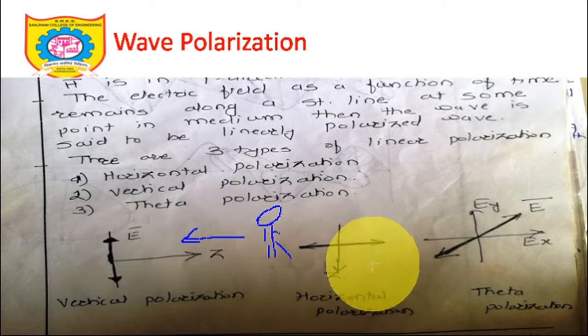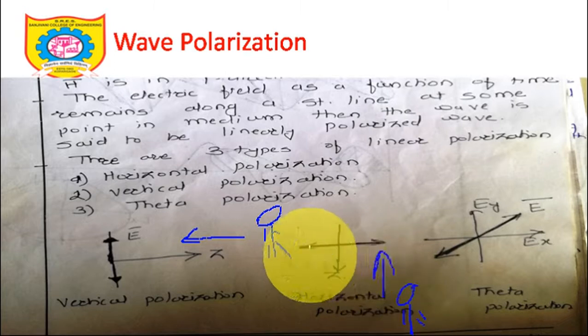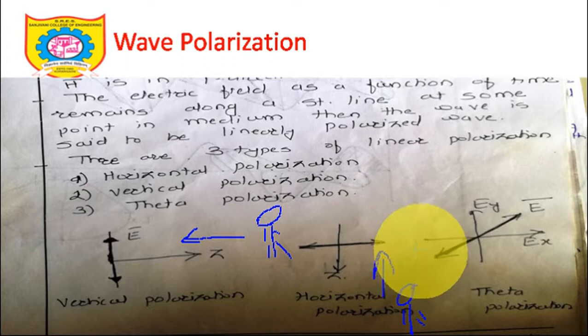If the observer is looking from this particular side, and observes that the wave moves rightward, leftward, rightward, leftward, and this is the vector traced by the resultant E bar component, then we say the wave is horizontally polarized. This is a kind of horizontal polarization.